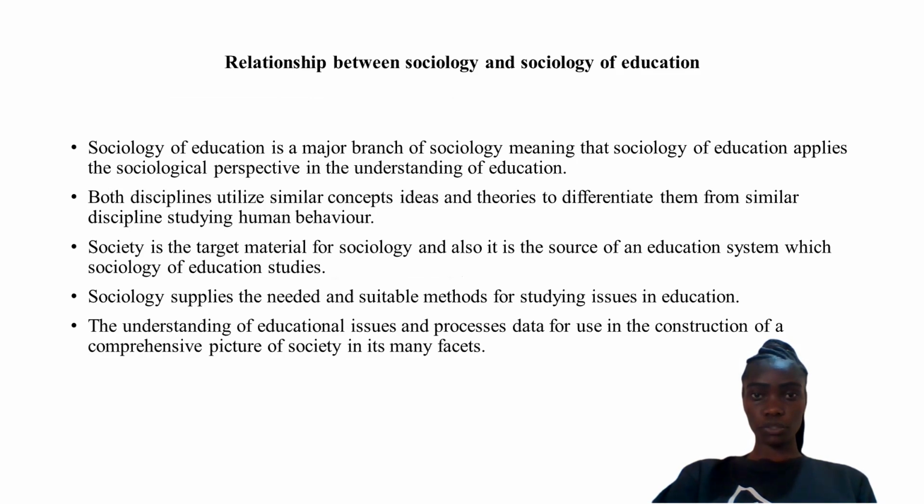The relationship between sociology and sociology of education. The first one, sociology of education is a major branch of sociology, meaning that sociology of education applies the sociological perspectives in the understanding of education. The next one is both disciplines utilize similar concepts, ideas, and theories to differentiate them from similar disciplines studying human behavior.